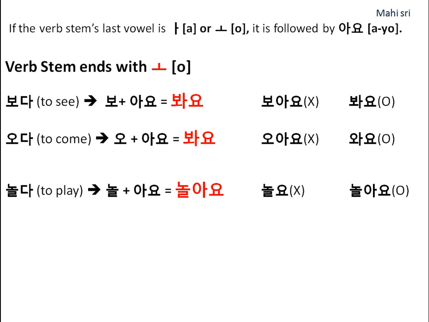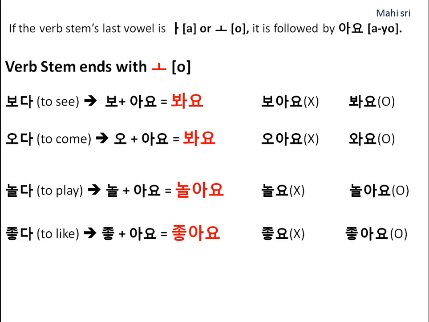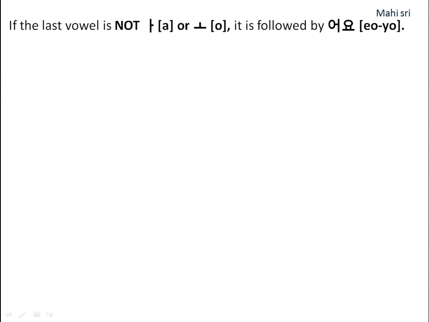It is similar to the previous one. And then chuda becomes chuayo. So let's go to the second rule. The verb stem which is not ended by a or o is followed by oyo.